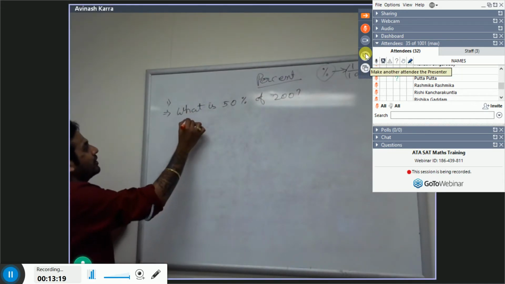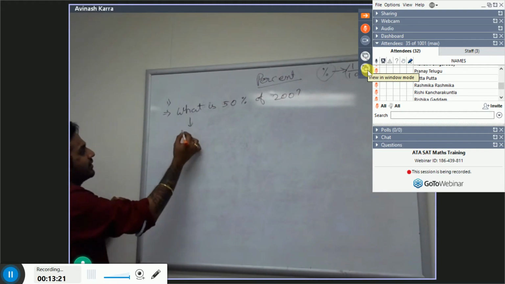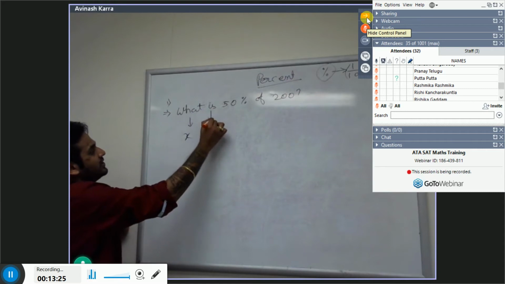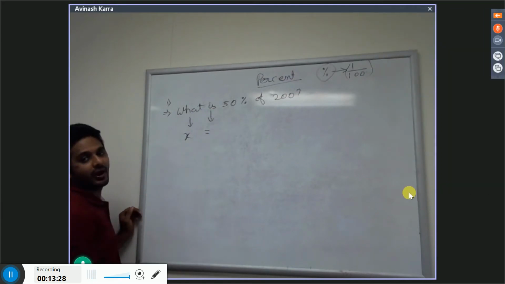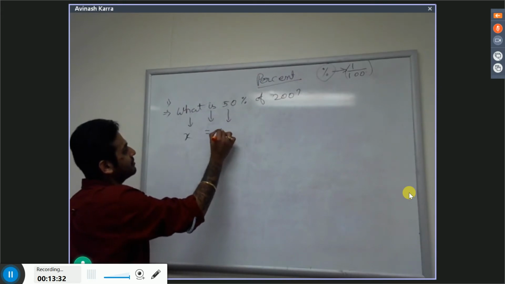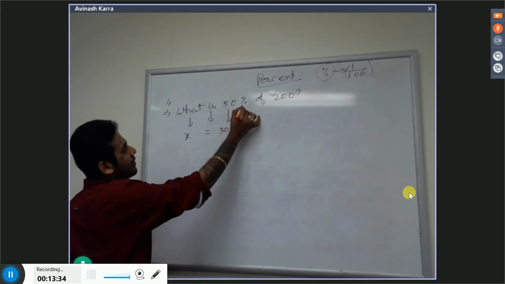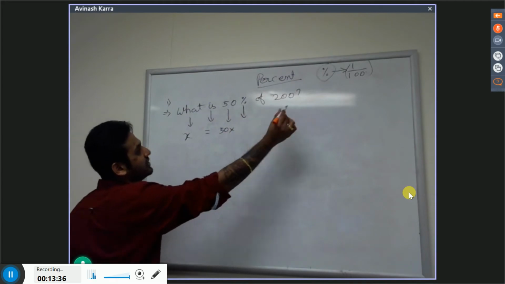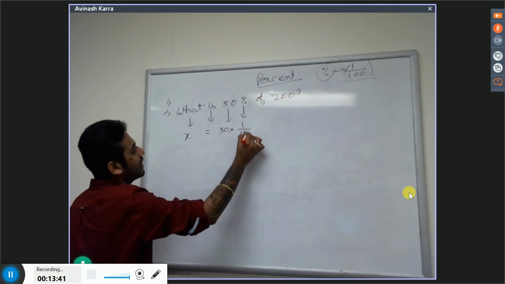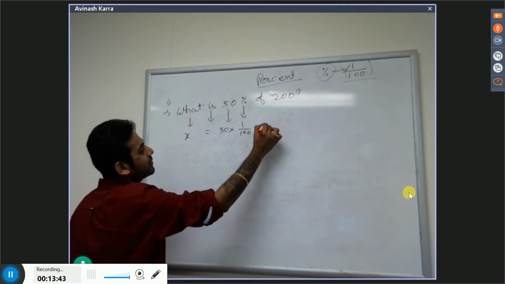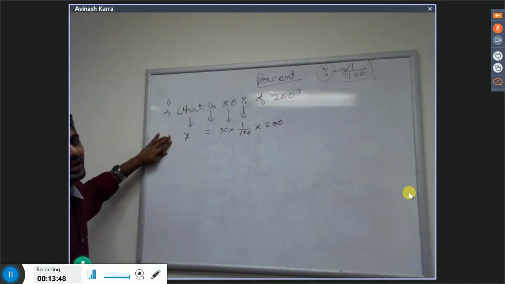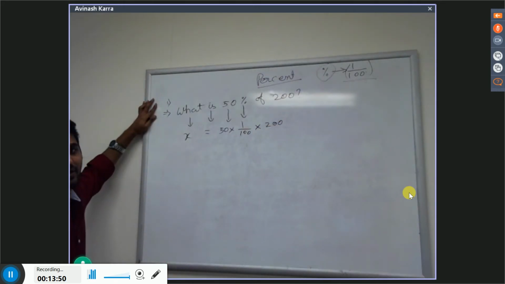Whenever you see 'what', you don't know the number, so you give it a variable x, and 'is' becomes equal to. For 50%, I told you, whenever you see percent, it means 1 by 100 of 200. This is how you form the equation from the statement.